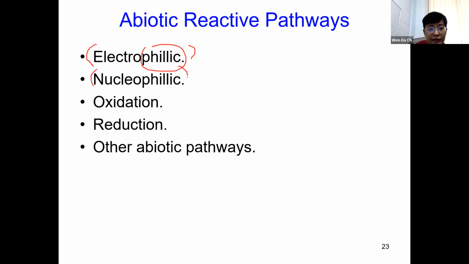Nucleophilic, on the other hand, is nucleus lover, which means that they like to attack the nucleus, which means they have electrons. They have electrons and they like to attack those that have no electrons or positively charged species. Aside from nucleophilic and electrophilic, we have oxidation, reduction, and other processes that can happen.